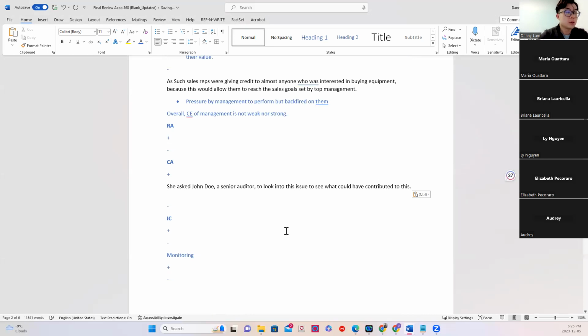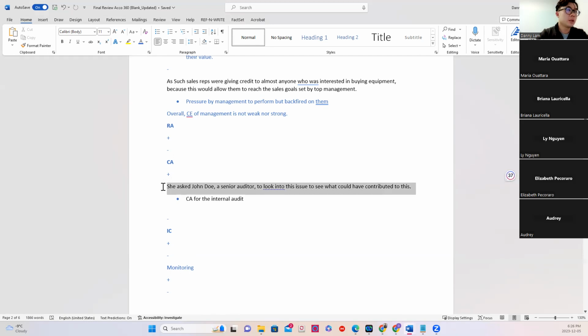Okay, so here would be the control activity for the internal audit. And then once you have a control activity, what you want to do is go into risk assessment and talk about it. So I'll just put the same.